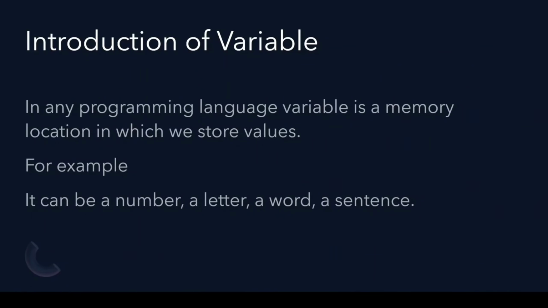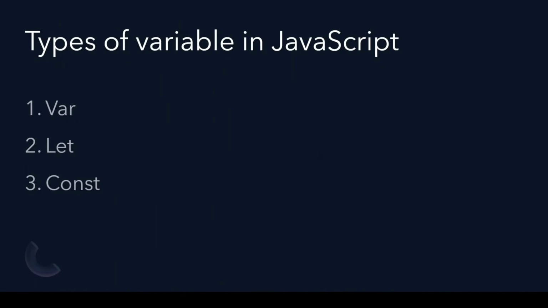We can define variable in JavaScript with three keywords. First is var, second is let, and third is const. All of them are in lowercase. Small var, small let, and then small const.